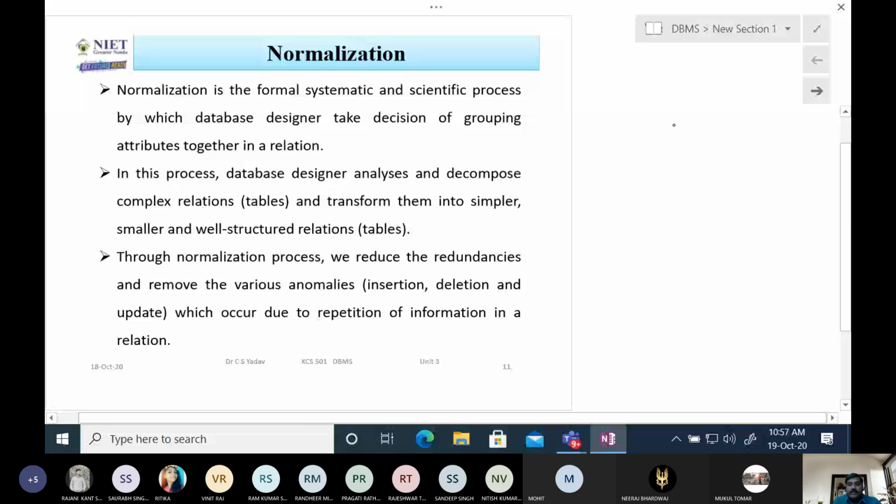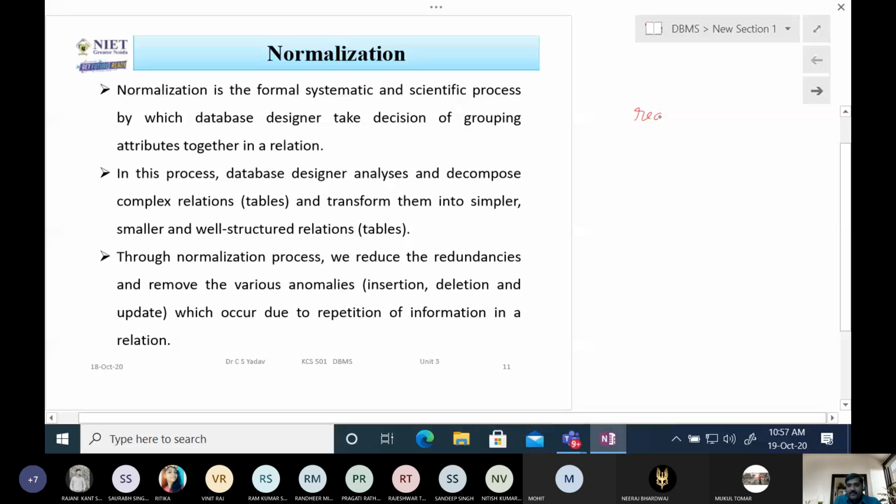To reduce the redundancy and various anomalies like insertion anomalies, deletion anomalies and update anomalies which occur due to repetition of the information in a relation or which occur due to redundancy.